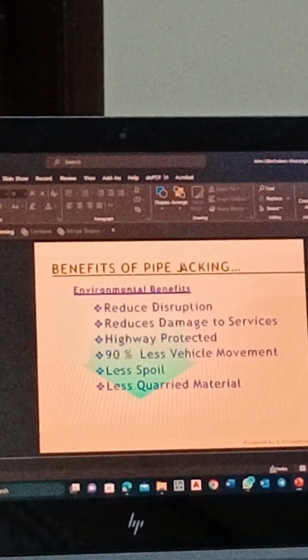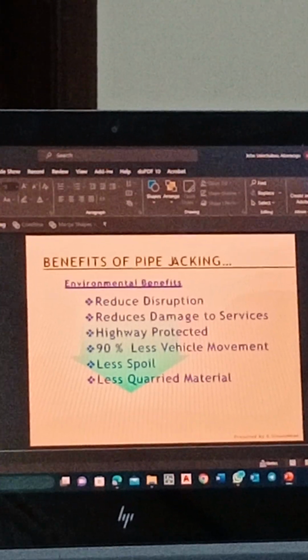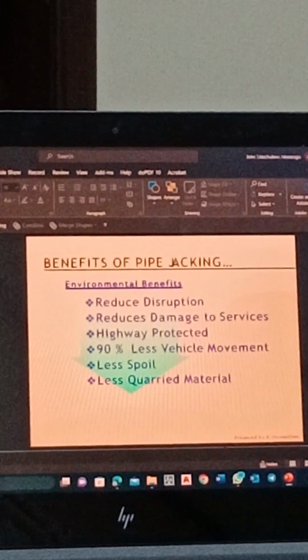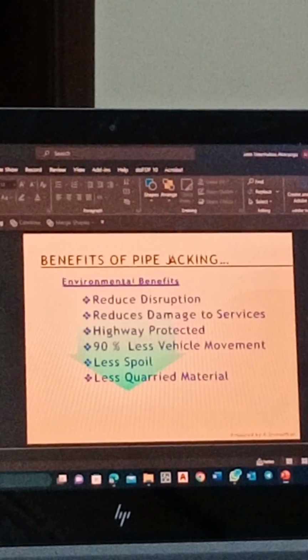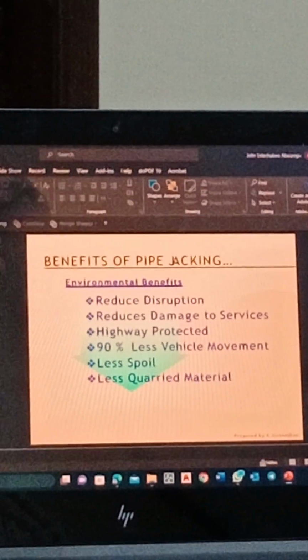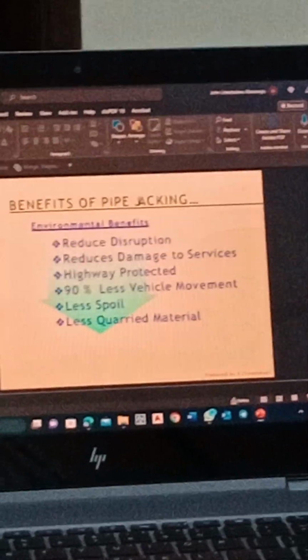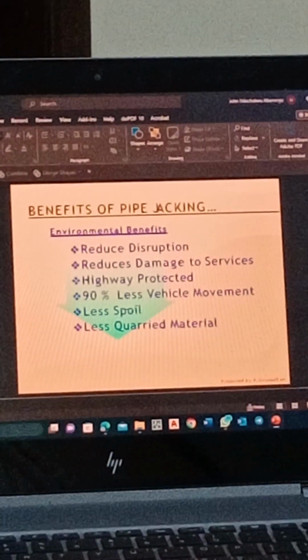Even while we were working in those days, we used to cut their cables, and they would come for compensation and all that. Management settles it themselves there. Okay, so that's the thing. But with this one, you don't need to damage anything because it goes far below. You don't damage MTN, telecommunication, or any other services.